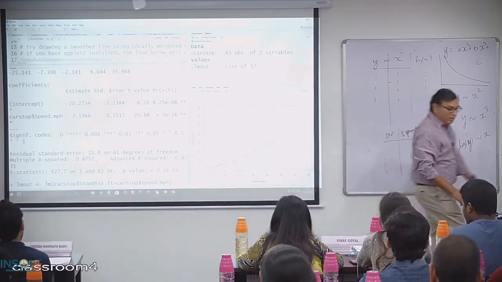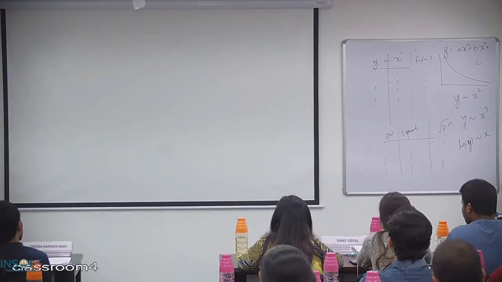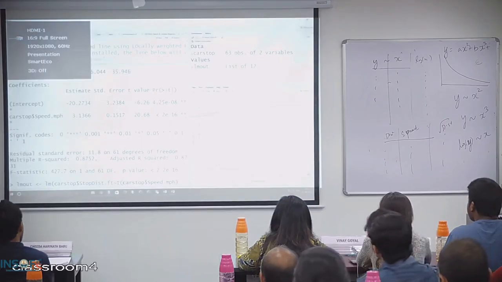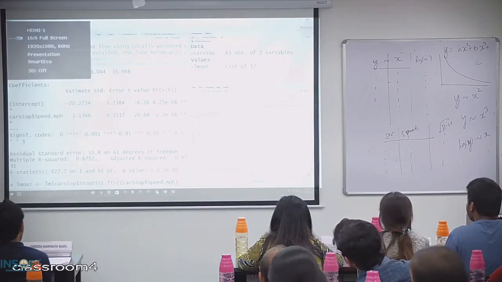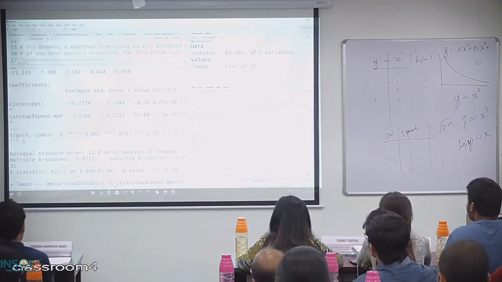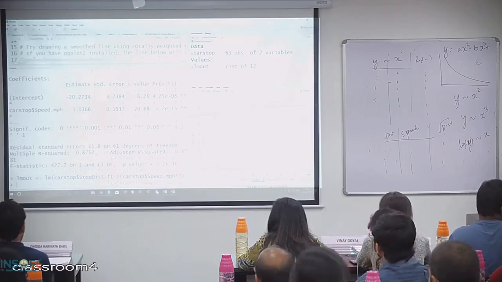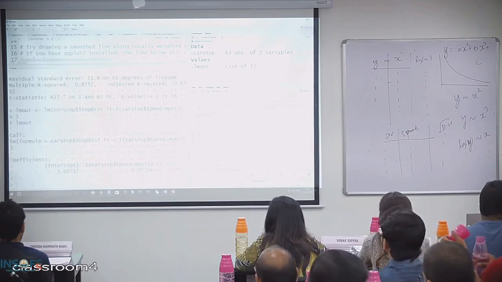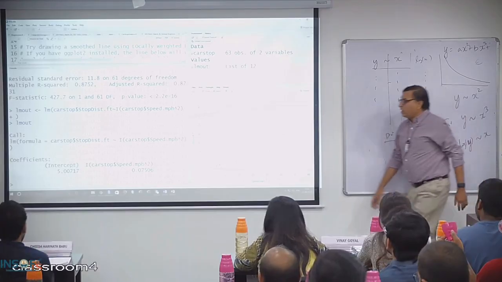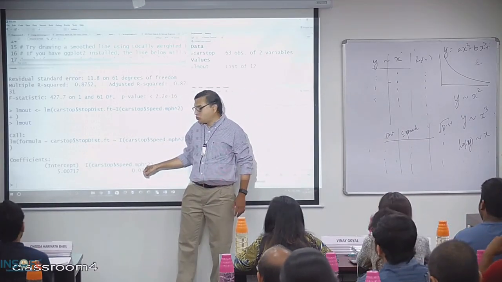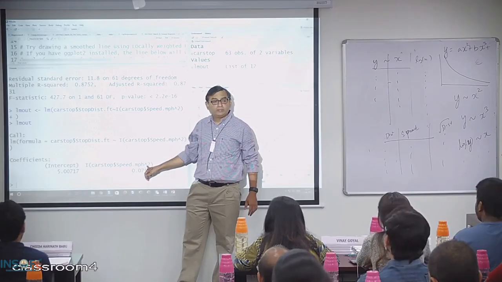So the way I build that is this. So now I've built a model as a function of square of speed.